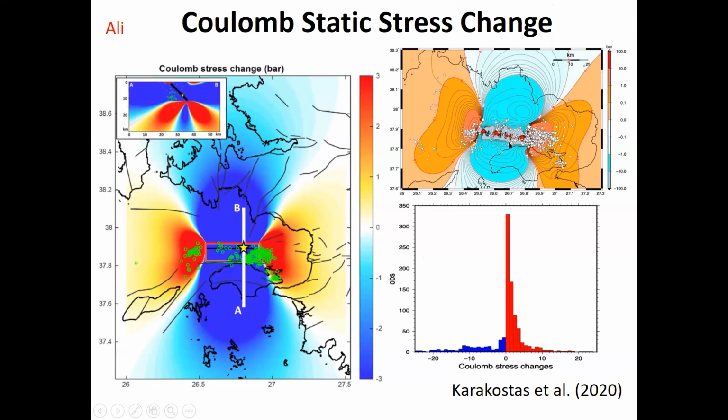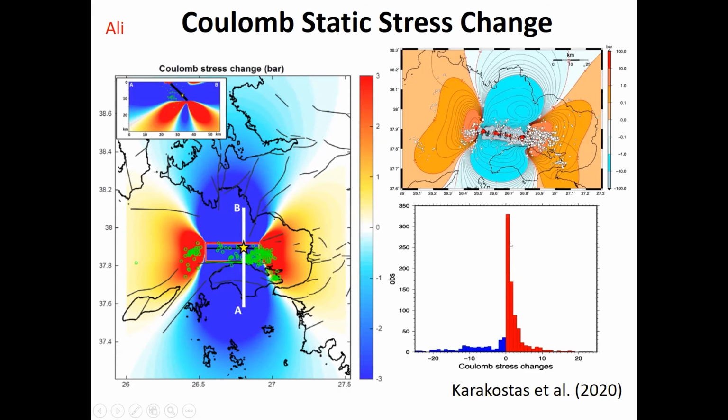And this is probably the reason why we also observe aftershocks on the fault where the stress was completely released. And in the comparison between the variable slip model and the aftershock locations, one can see that most of the aftershocks are located in the area of increased stress.